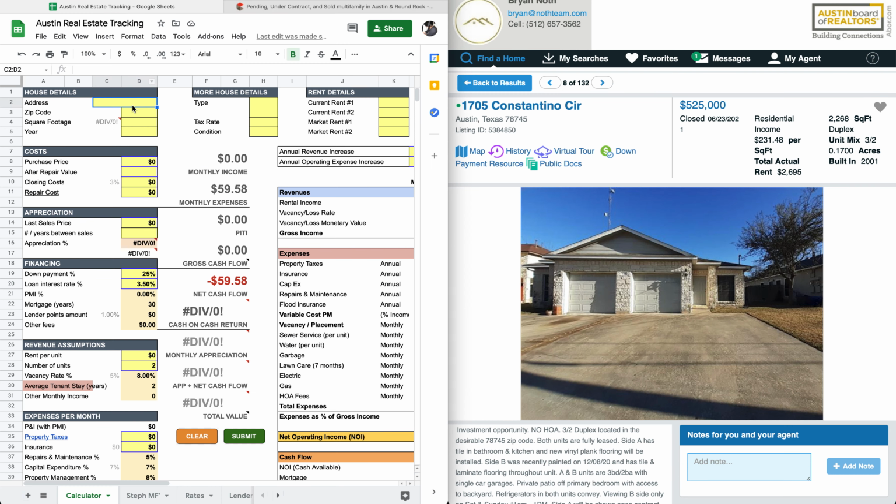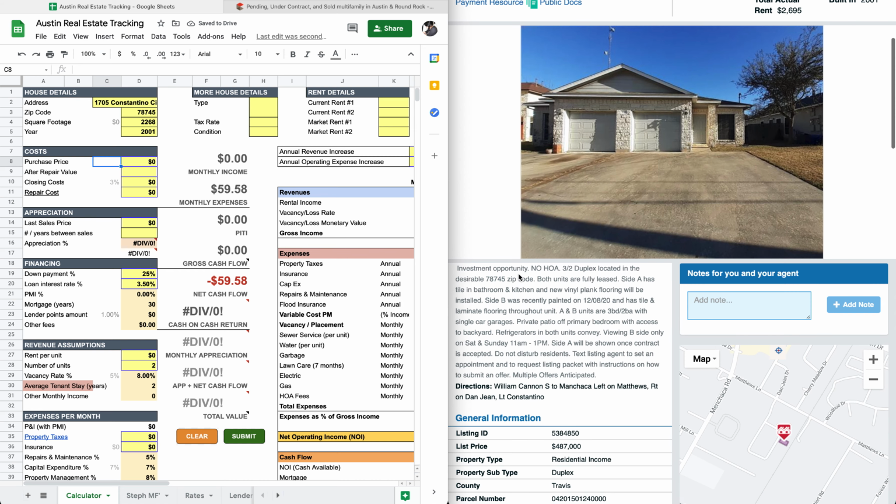We're doing 1705 Costantino Circle, 78745. Square footage is 2268. It was built in 2001. All this information is here in this corner.